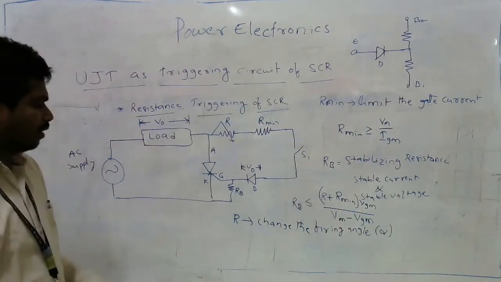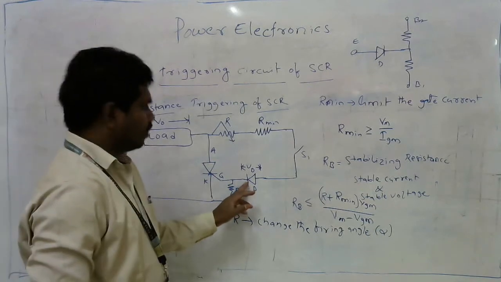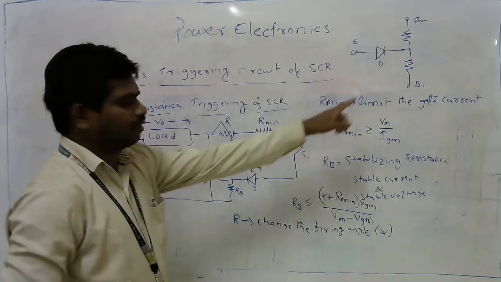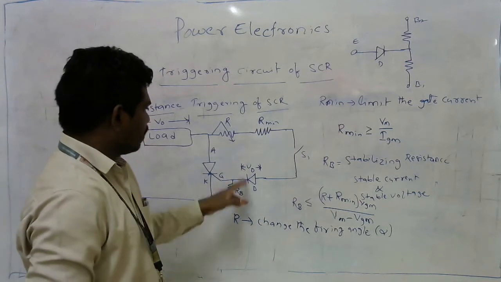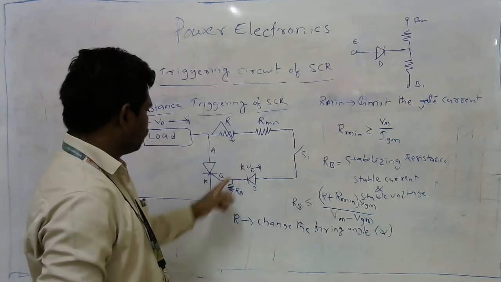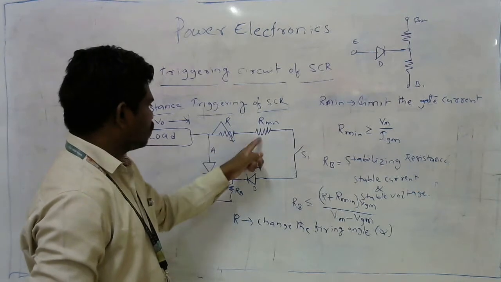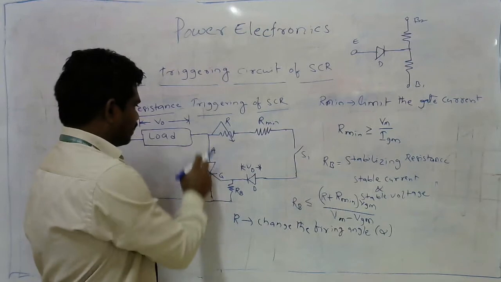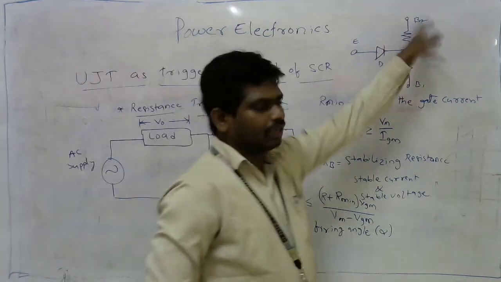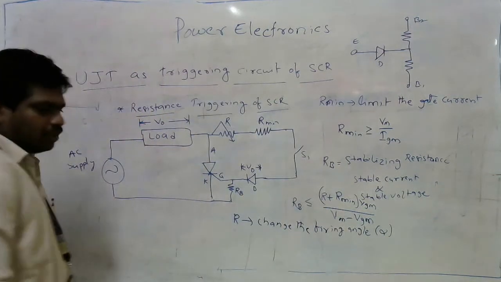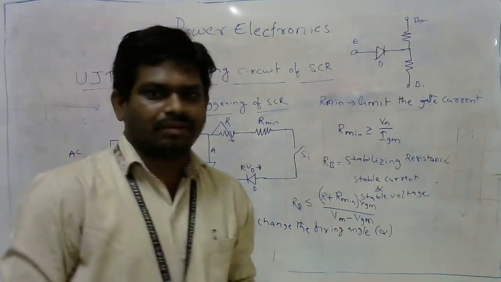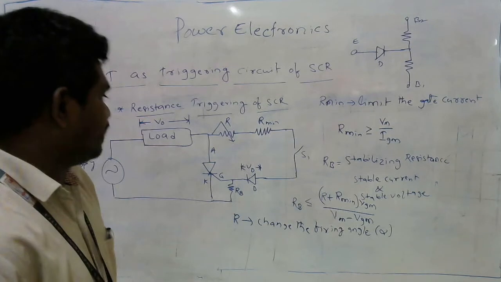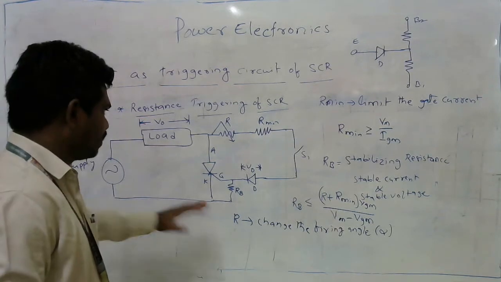Just to compare with that circuit, here it is one diode, same as the UJT, and there is one resistance. Let us take that as B1, and these two are in parallel to the diode. This connection in parallel indicates the B2. That's why the UJT is specially designed to control the gate signal of the SCR. So this is one of the circuits.